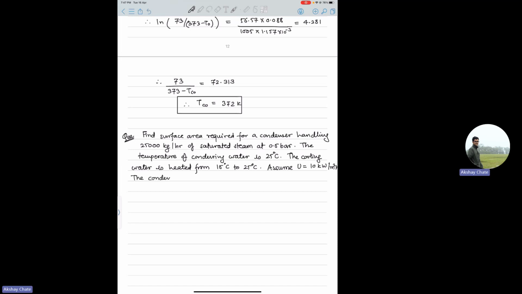The condenser has 2 water passes with tubes of 19 mm OD and 1.2 mm thickness.